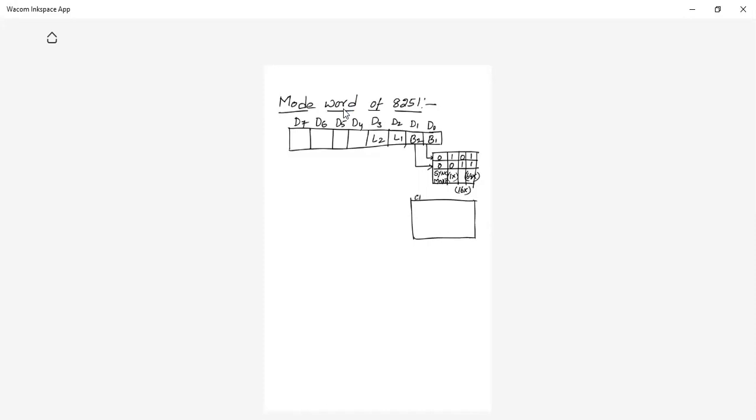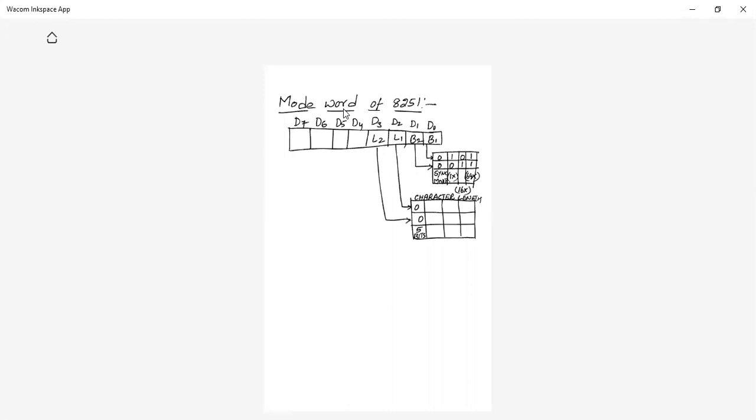So this is the character length that we are giving. So here 5 bits, the combination is 0, 0. This is L1, this is L2.